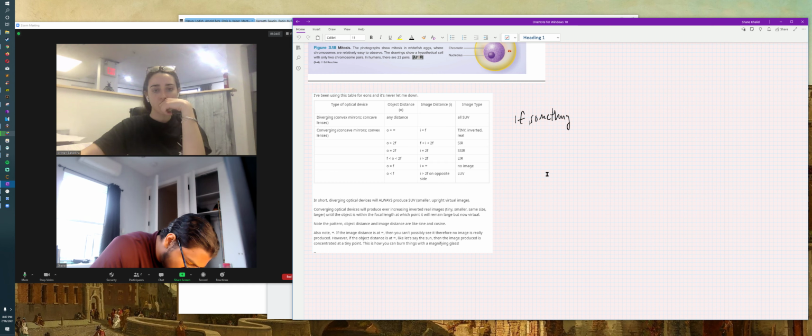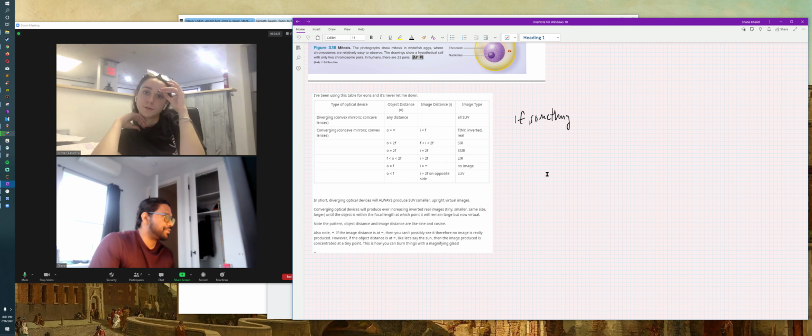Greater than 2f, the other is between focal length and 2 times focal length. By the way, 2 times focal length is the radius of curvature. 2f is the radius of curvature.